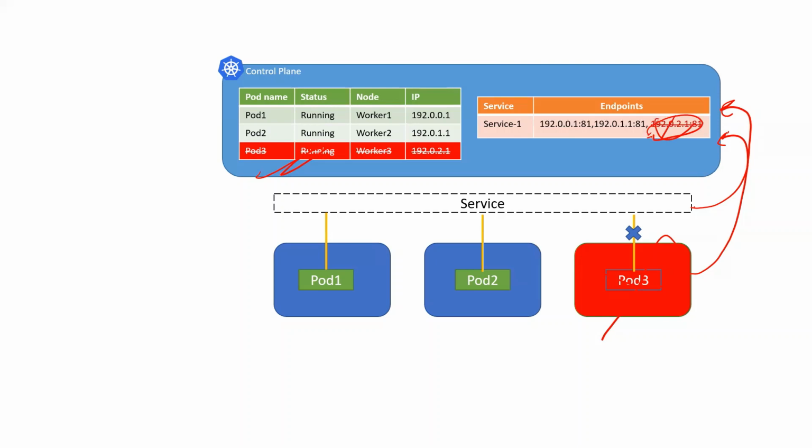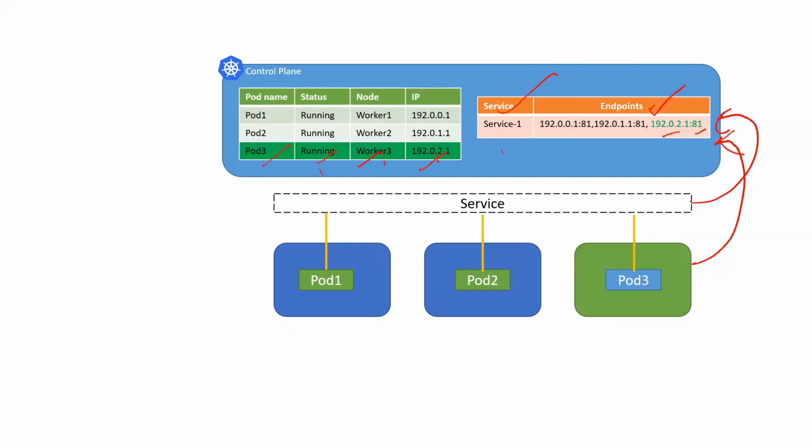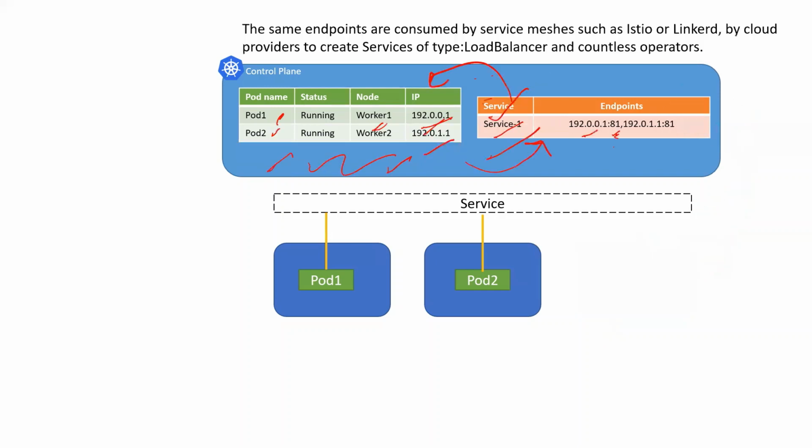We are explaining endpoints because endpoints are very critical in Kubernetes. They are widely used by multiple components, not just one or two. You can see the list here: if you are using a service mesh like Istio or Linkerd, it reads the endpoints, not the services.